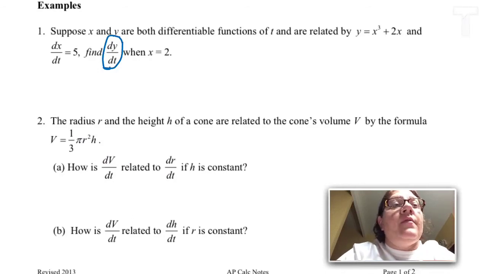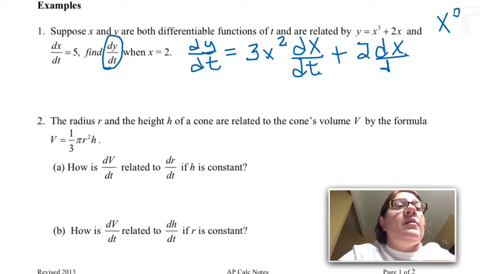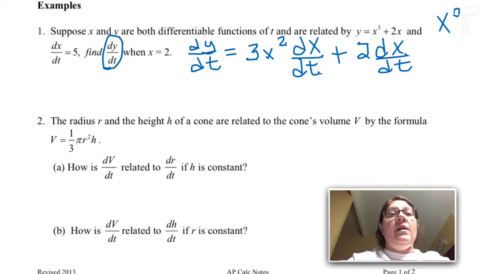So I'm going to first take the derivative, so it'll be dy/dt, and then I'll power down, and I'm not doing dx, so when I take the derivative with respect to t, I'll have a dx/dt in the first piece, and same thing, power down. That would now become x to the 0, remember, so I don't really need to write that, but I do need the dx/dt because, again, I'm taking the derivative with respect to t.